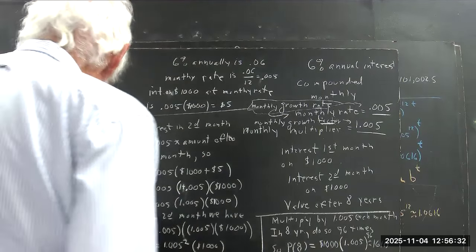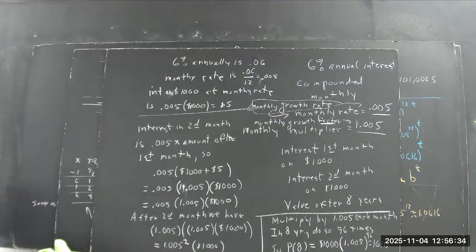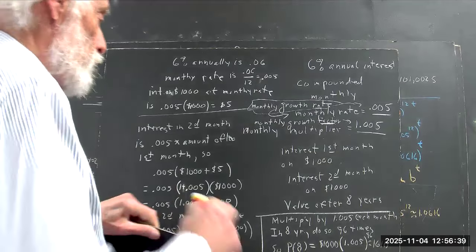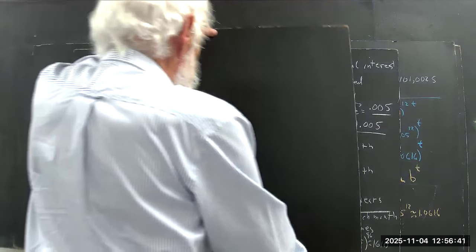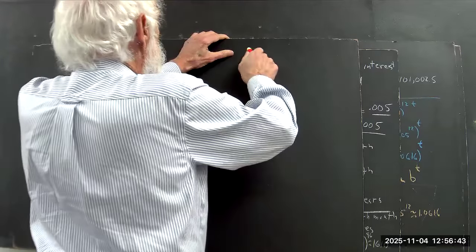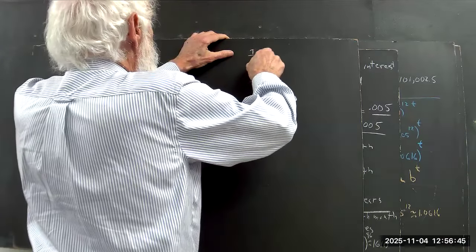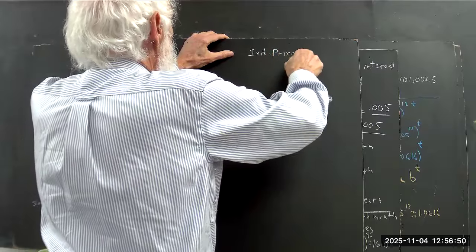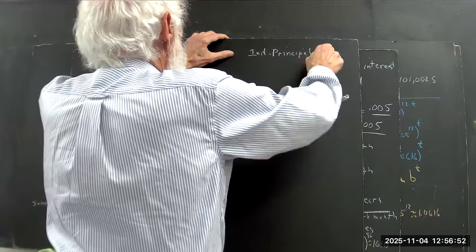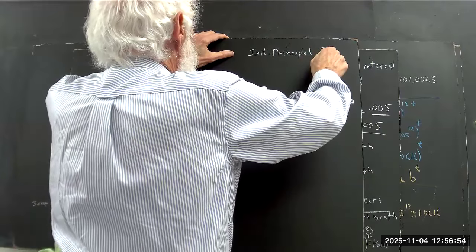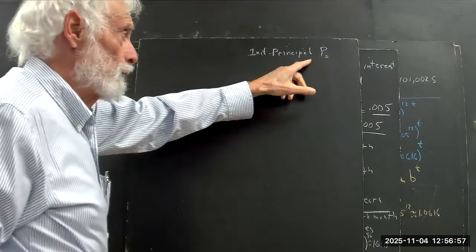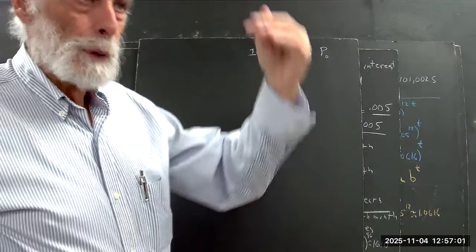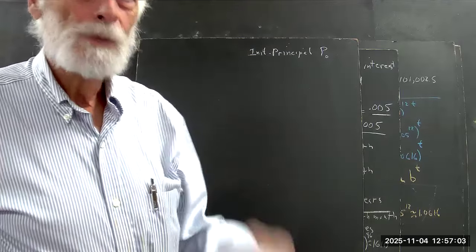Now, let's talk about that formula. Better yet, let's derive the formula. We call initial principal P sub 0. That's a subscript, it just indicates that that's what we have when we start at time 0.